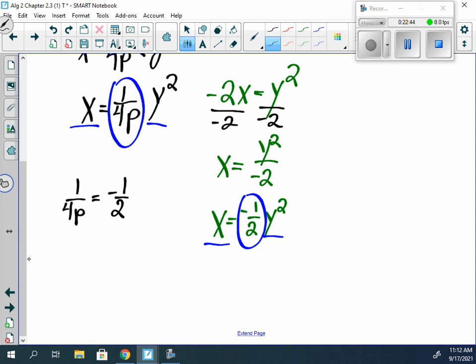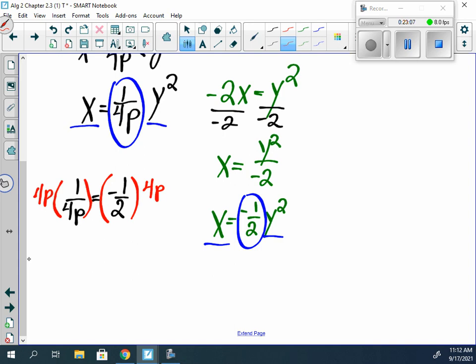Now what can we do from here? Multiply both sides by 4p, because again, we're trying to solve for the value of p, and since it's in the bottom of the fraction, we're going to need to multiply both sides to get it out of the bottom of the fraction.